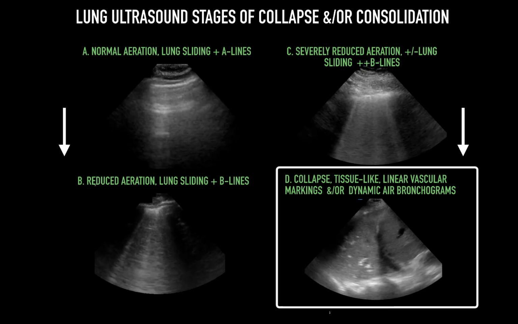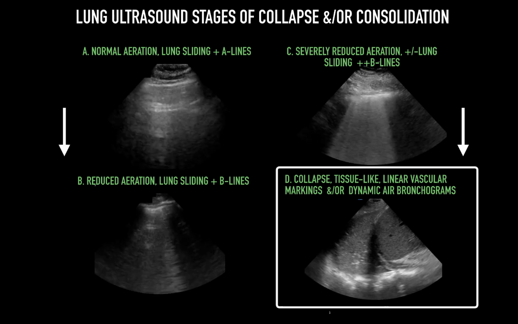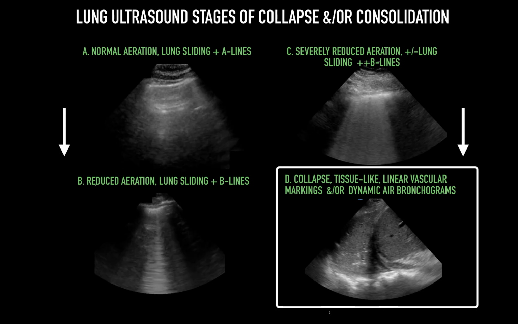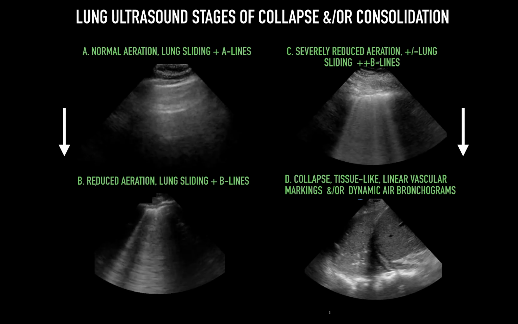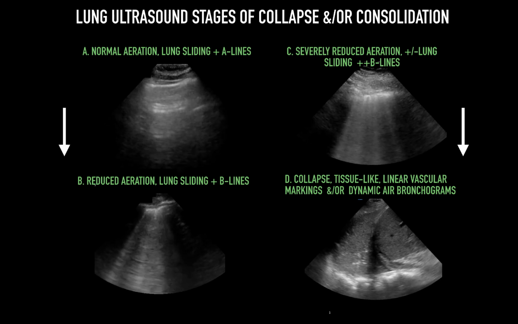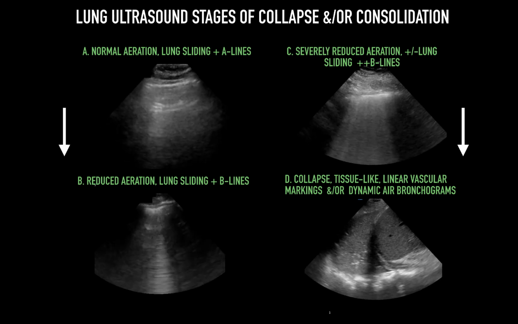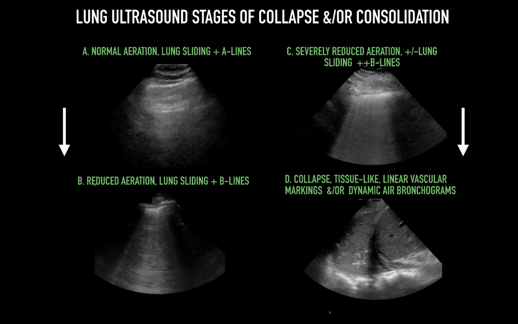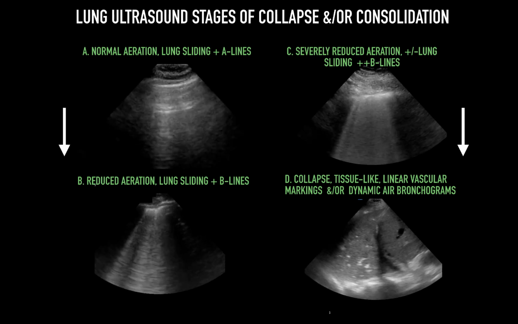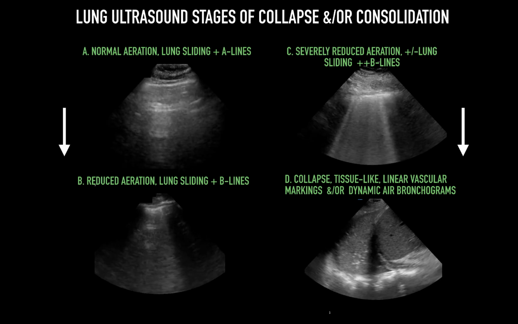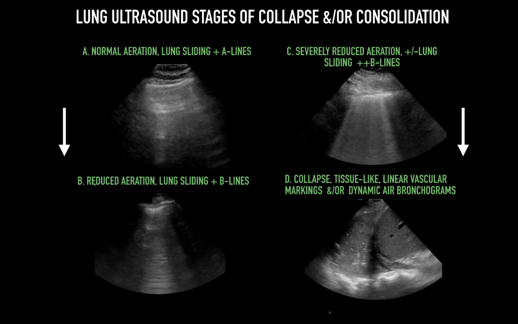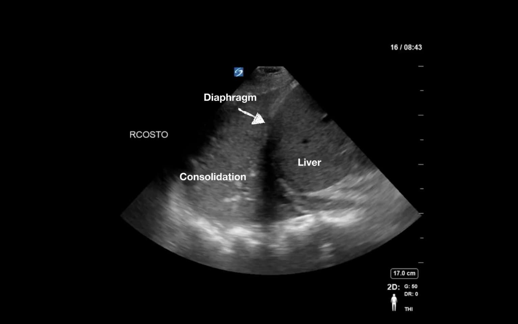And then finally, as we see complete collapse, the lung becomes homogeneous, or tissue-like. An underappreciated feature is progressive decrease in lung sliding. This is secondary to inflammation that essentially fuses the pleura, but may also be due to local decreased lung expansion, or insufflation. This can sometimes be helpful in multifocal pneumonia to differentiate it from cardiogenic pulmonary edema.